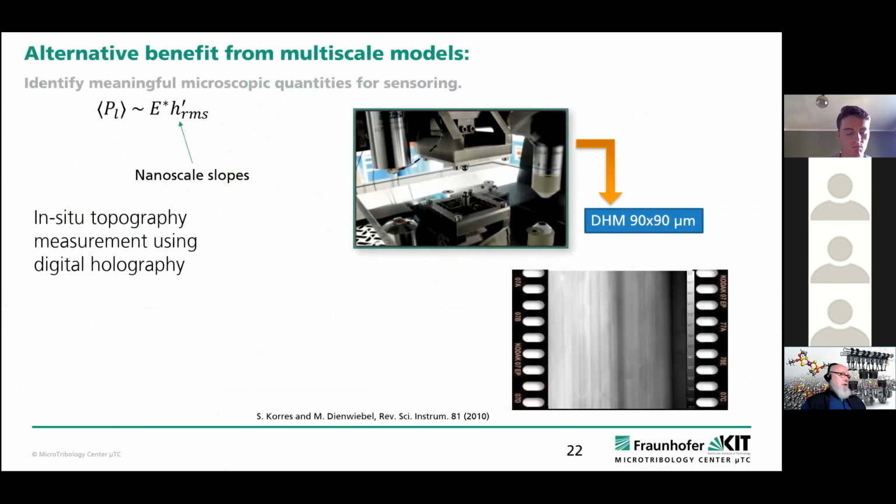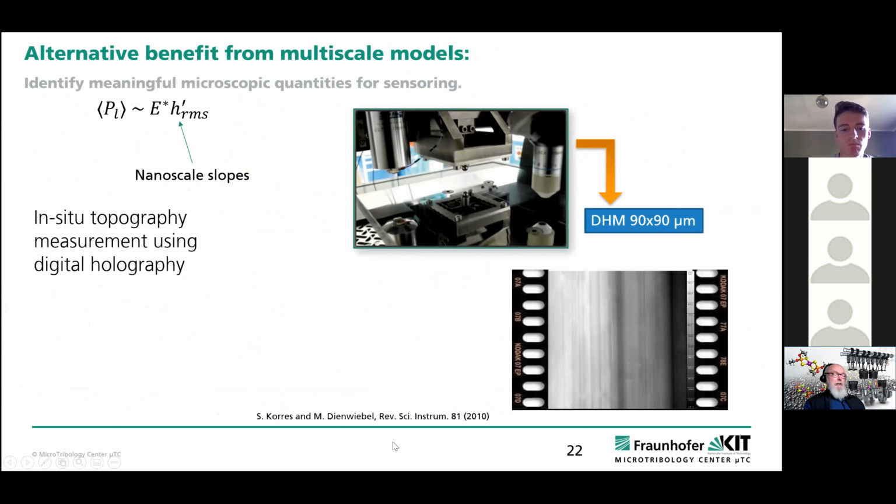Last slide, an alternative benefit from the multi-scale simulations. Well, at least you get some basic understanding of which quantities are crucial and influence the wear rate. And one quantity we found is the nanoscale slopes. Of course, you can measure in experiments in situ the topography of the counter surface, for instance using digital holography.